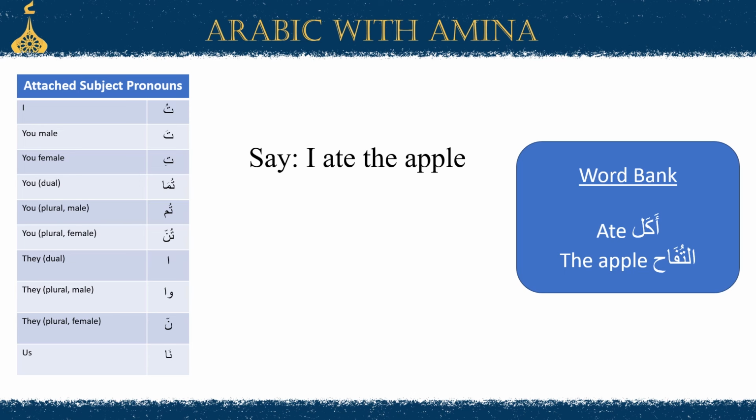So take a moment, pause if you'd like, and put together the words so you can say, I ate the apple. Okay, so now for the answer. I is ta with a dhamma, so we're going to add this to our verb. أكلت التفاح. That's how we would say, I ate the apple.